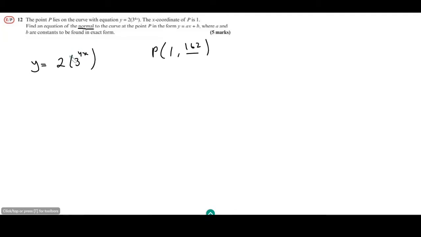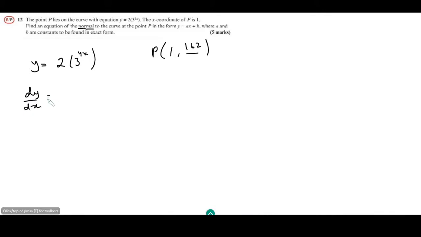Now, again, when we need to find the equation of a line, so an equation of a tangent or a normal, we need a gradient and we need a point. So we've already found the point and we need the gradient at this point. So let's do that. How do we find the gradient of a curve at a certain point? Well, first we need to differentiate.